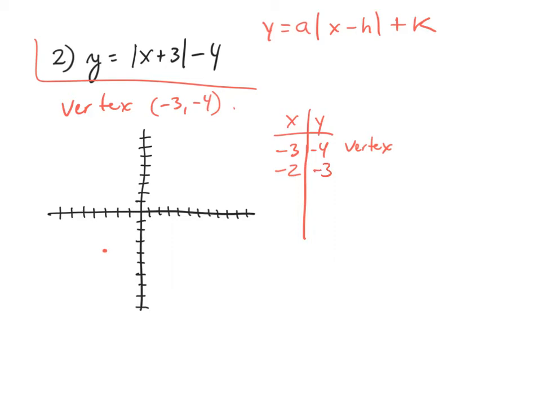So all I'm doing is substituting it in. -2 plus 3 minus 4, which is 1 minus 4, absolute value, or 1 minus 4, which was -3. So at -2, I'm at -3.